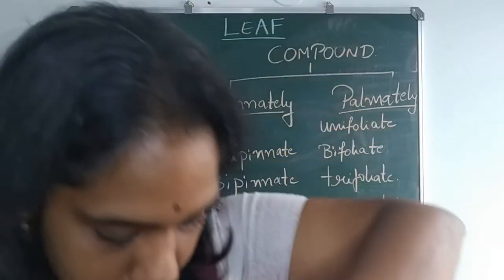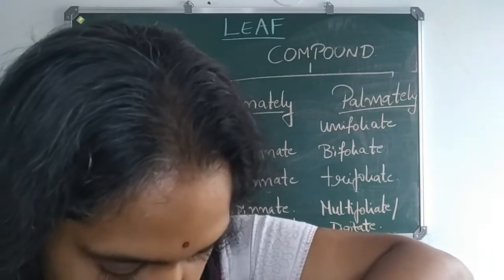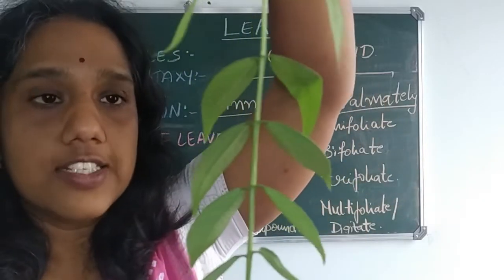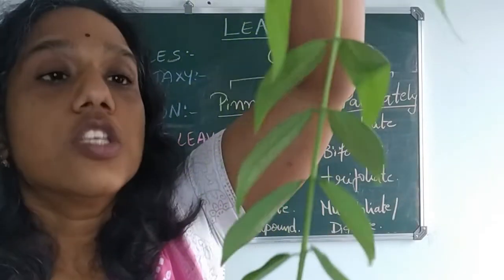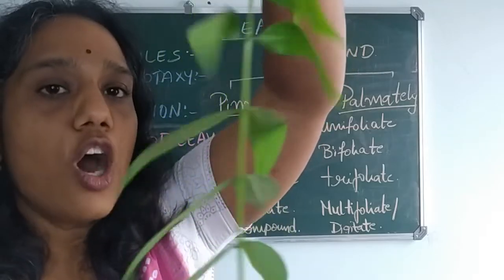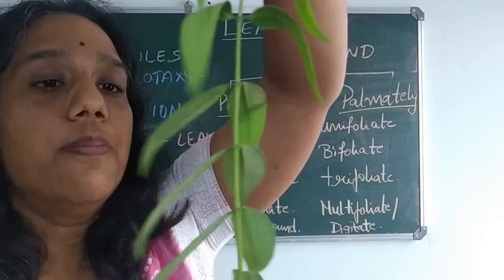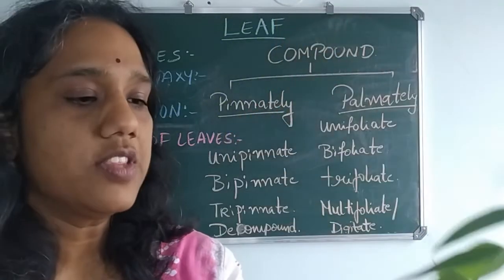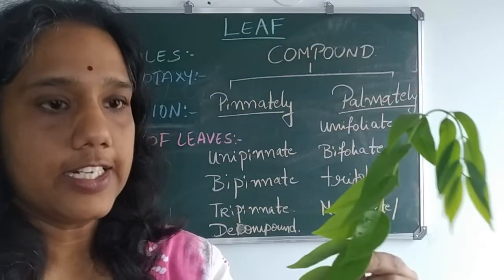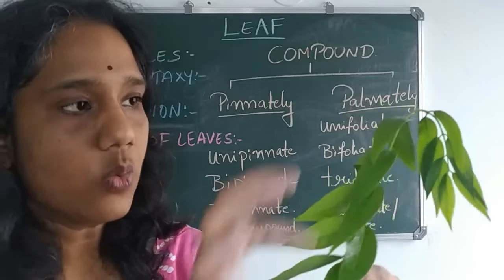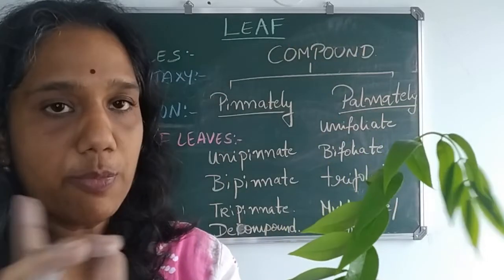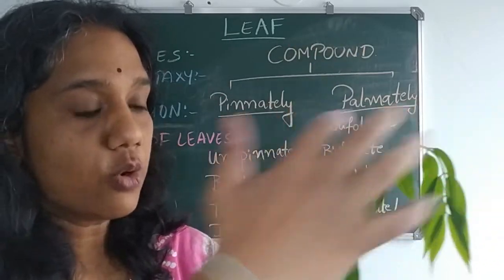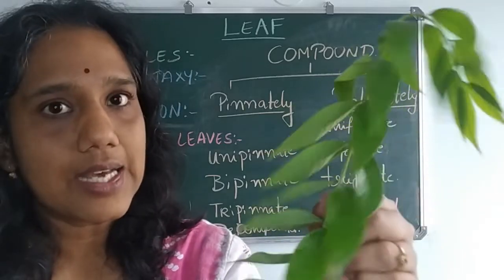If you look from above, you will just see two rows of leaves on either side of the rachis. So this is an example of unipinnate, because there are single leaves on either side. The lamina is broken only once, so I have a single rachis, not broken out into two. Since it is broken only once, we call it unipinnate.